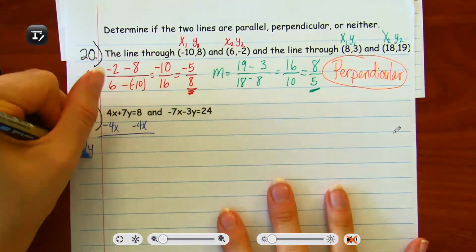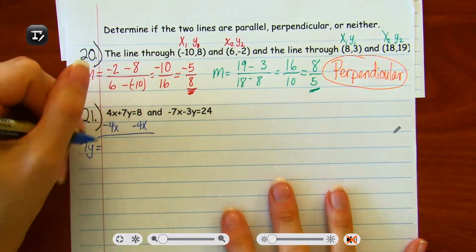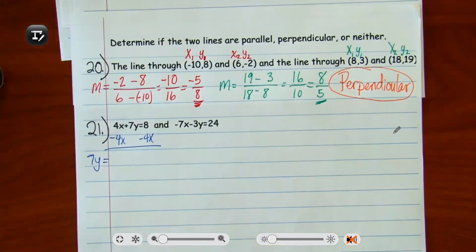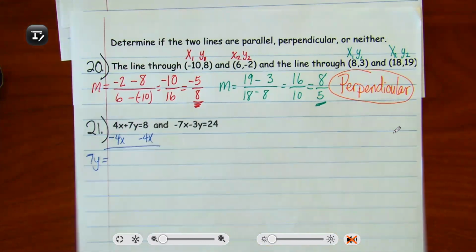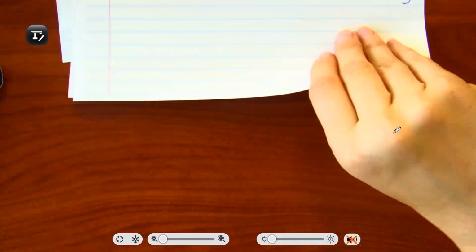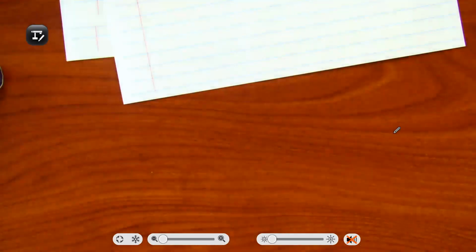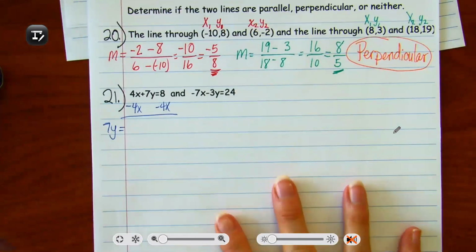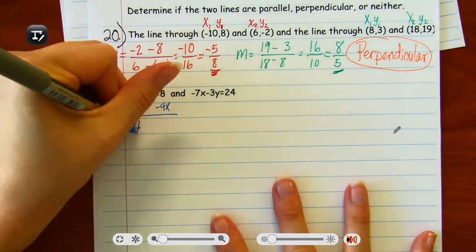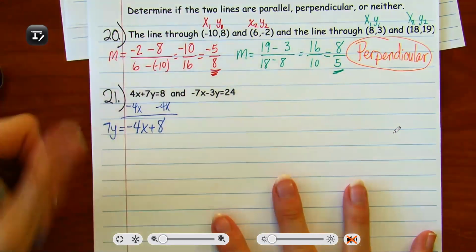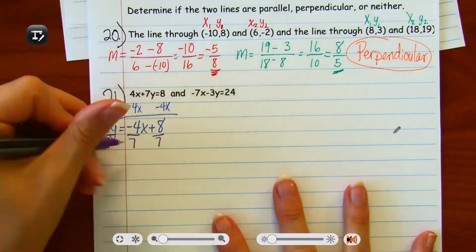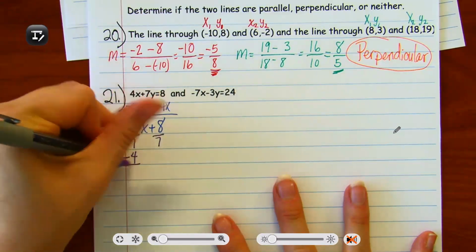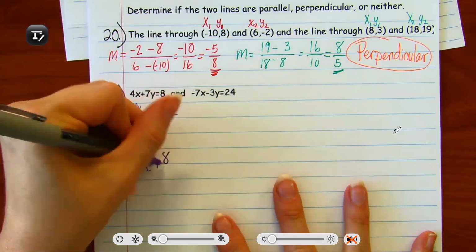So 7y equals -4x plus 8, and then I'm going to divide everything by 7. So y equals -4/7 x plus 8/7.